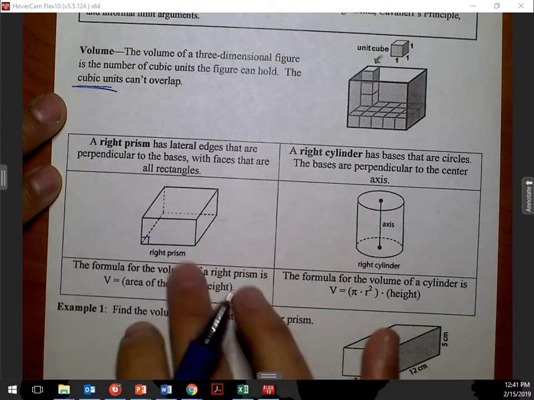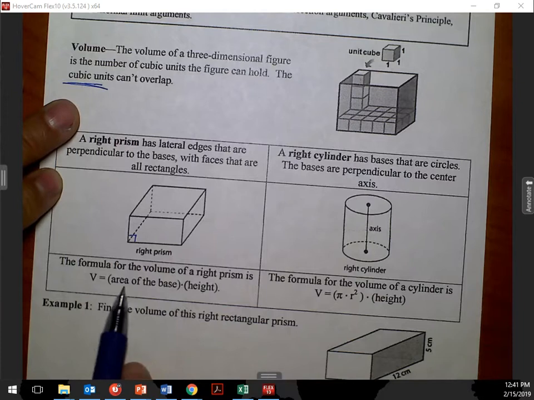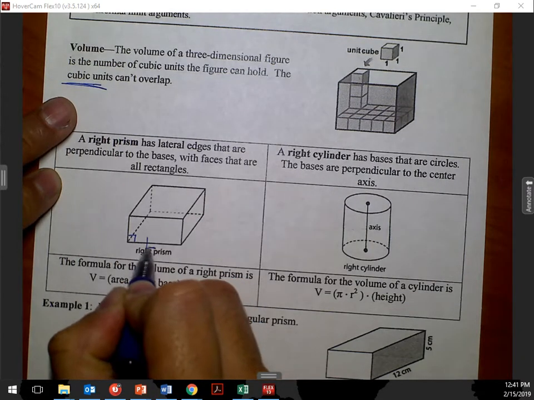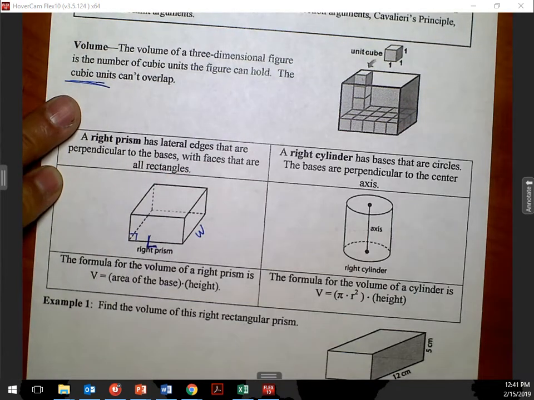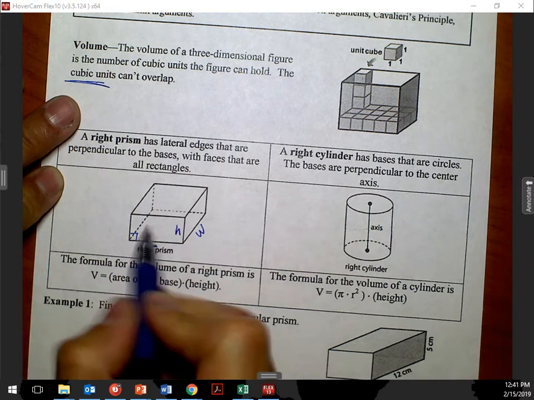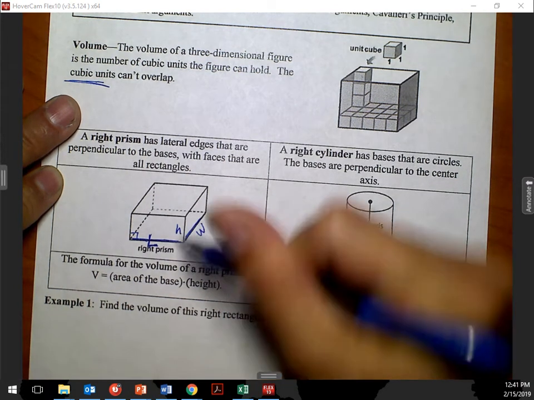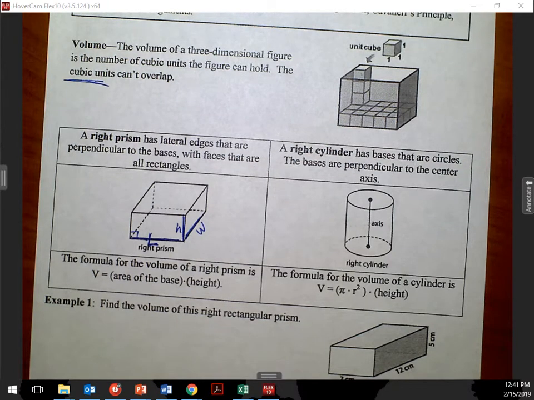In this one, it's going to be the area of the base times the height. This is my length down here, this is my width, and here's my height going up. So length times width times height. Does that make sense? Okay. Next.